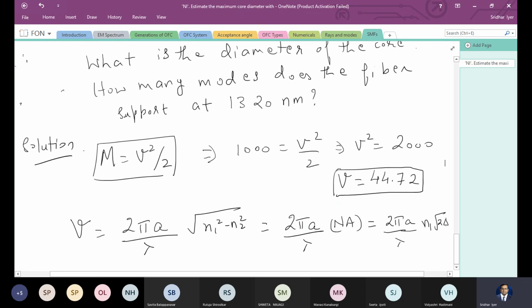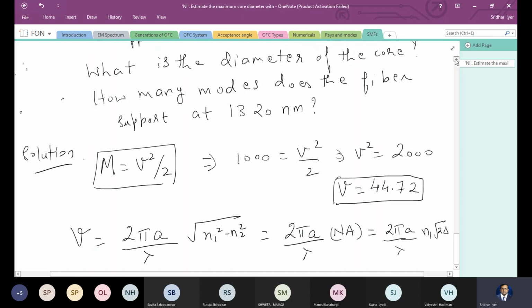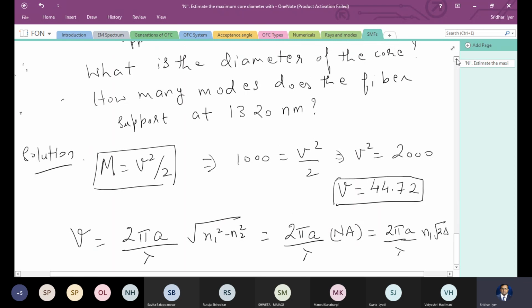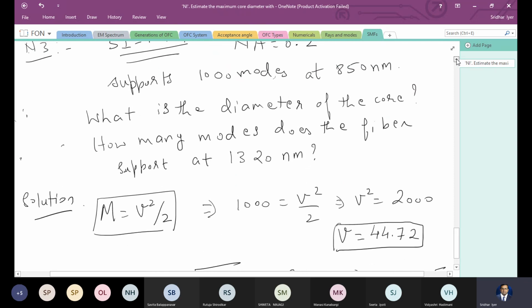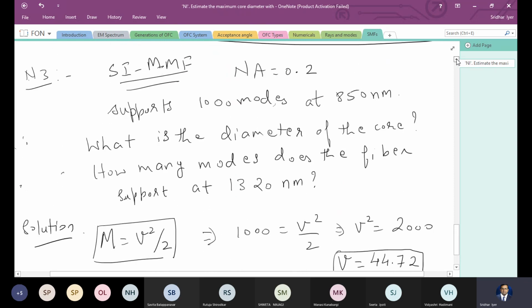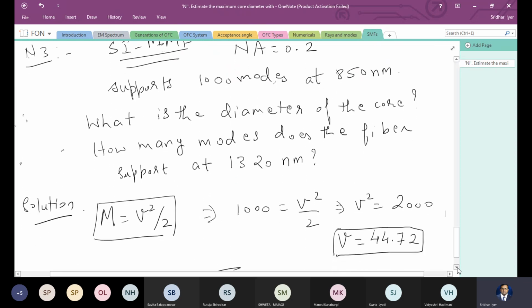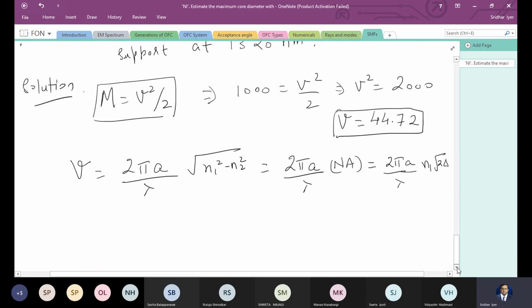Depending on what information is given to us, we need to use the appropriate equation to find the value. Now we need to find the diameter of the core, and what we are given is the NA value. NA value is 0.2. Therefore we can use this second type of equation, right? So I'm going to use the equation V equal to 2 pi a by lambda into NA, because the value of NA is given, right?